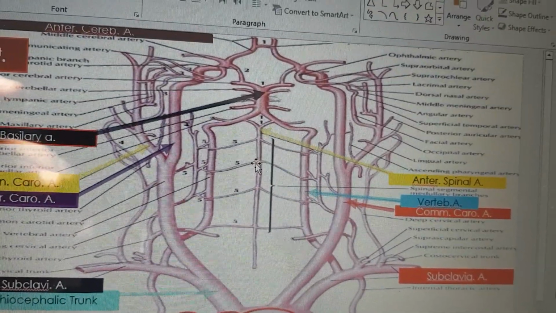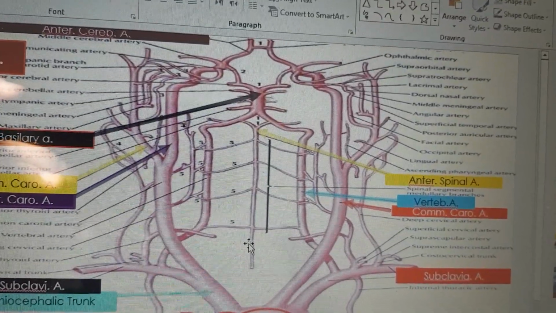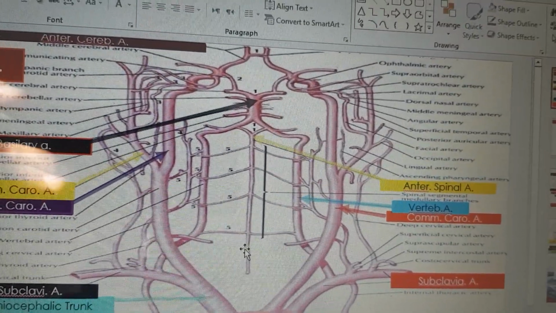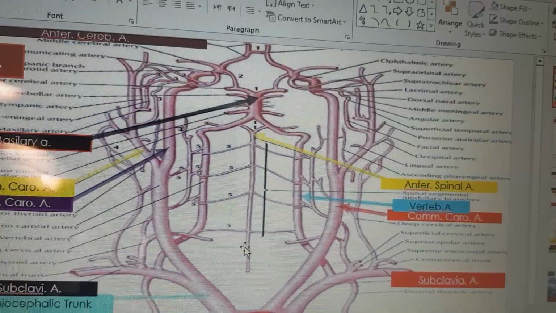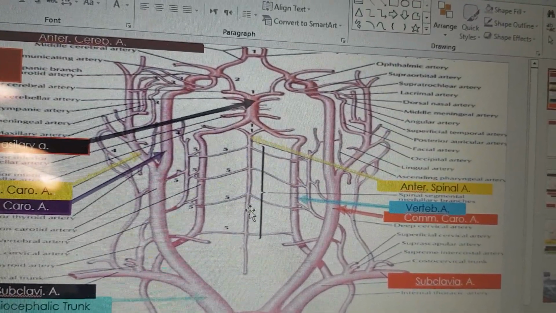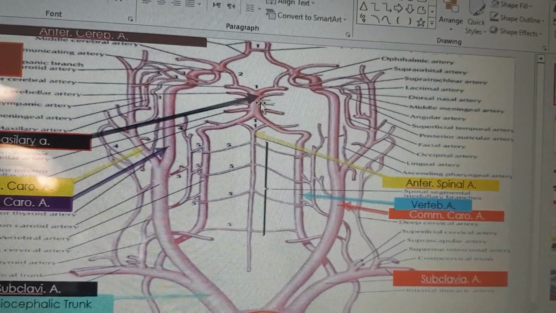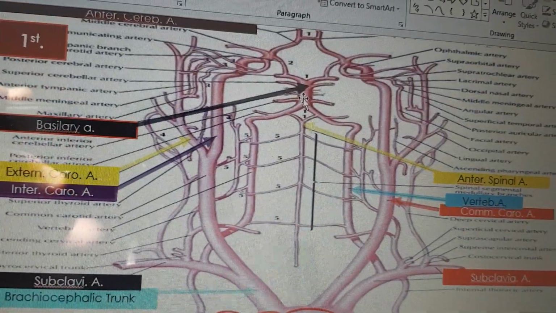The anterior spinal artery is going to supply the spinal cord, mainly in the cervical area. We are talking now about the cervical area. In this area, this is the basilar artery.